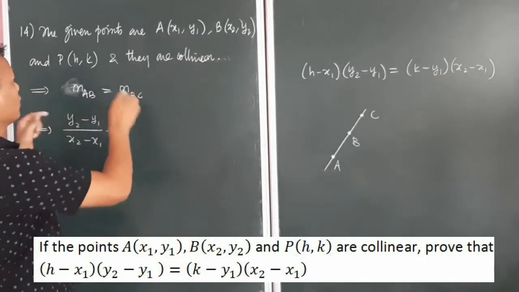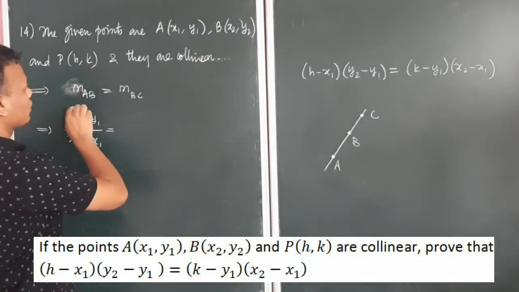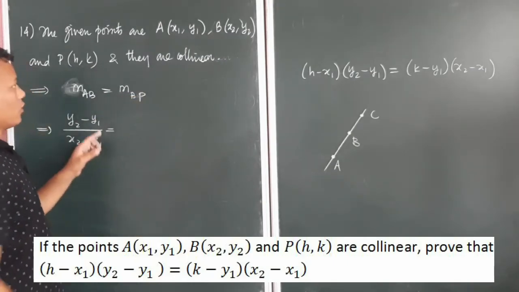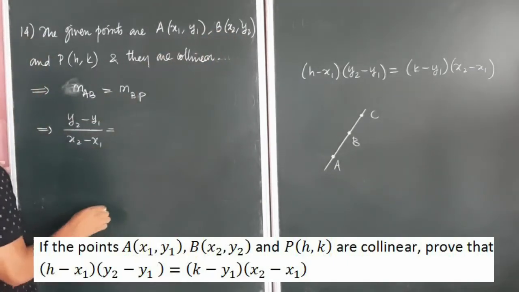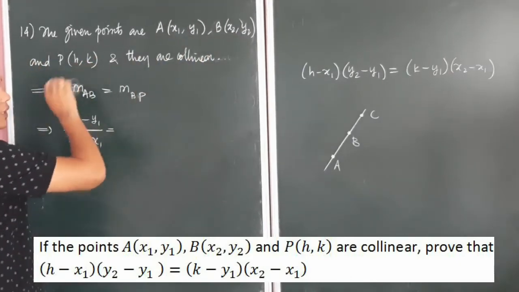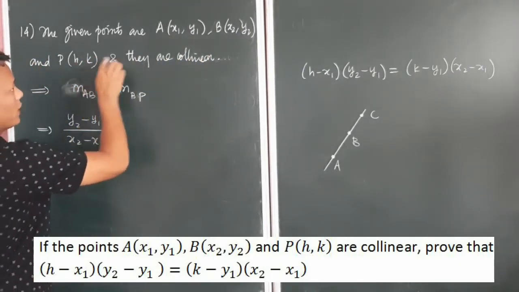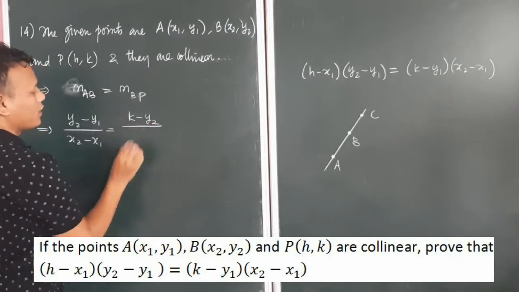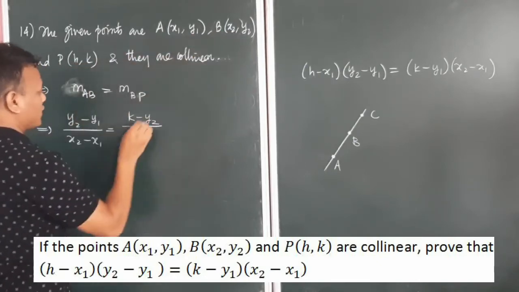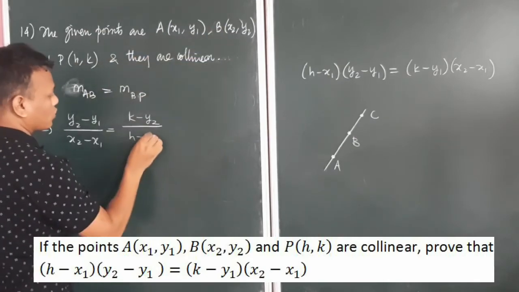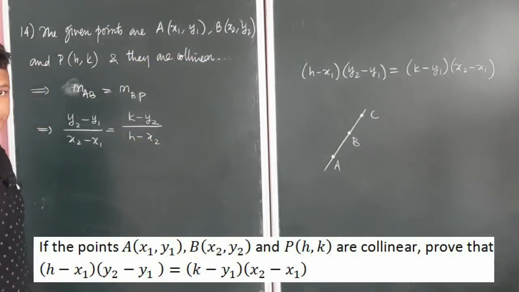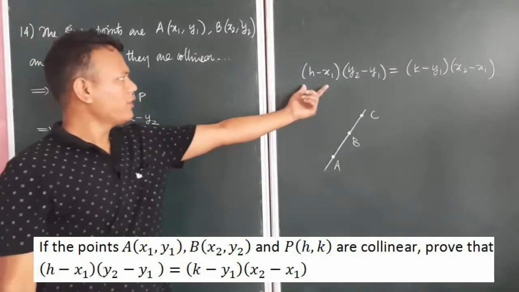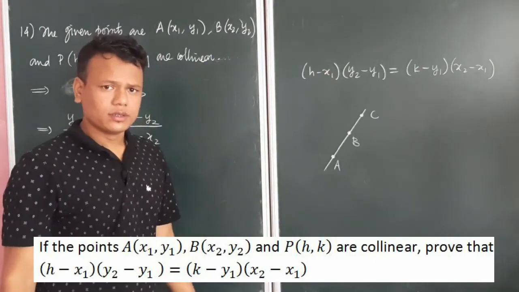Now let's see what is the slope of BC. Let us use BP here, right? Not C, it is BP. So let us make use of B and P out here. This is my x1 y1, this is my x2 y2. So the formula says y2 minus y1, so k minus y2, divided by x2 minus x1, that is h minus x2, right? But do we have h minus x2 here? We don't have h minus x2, instead we have h minus x1, isn't it?